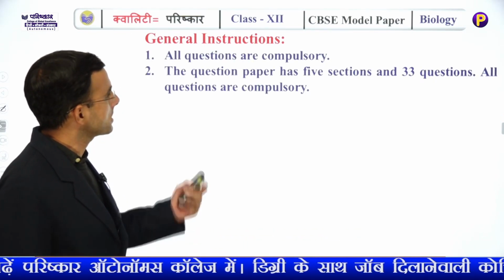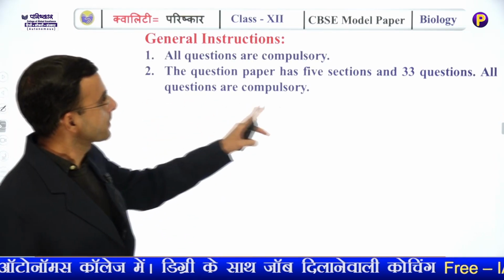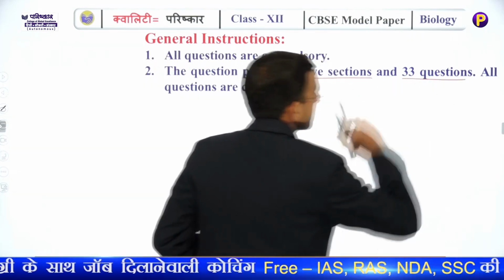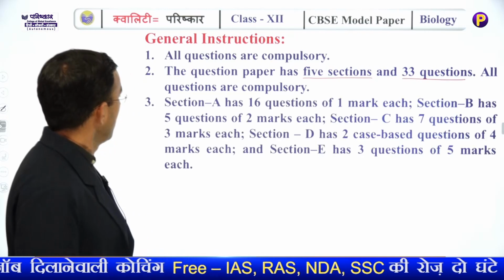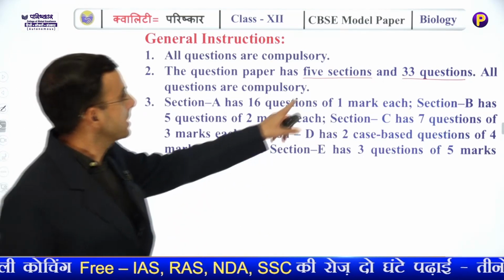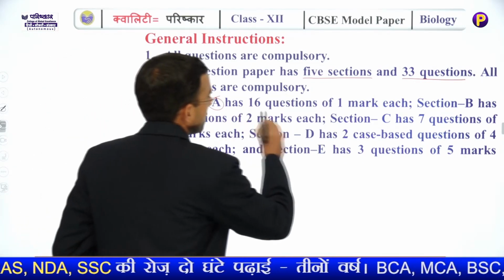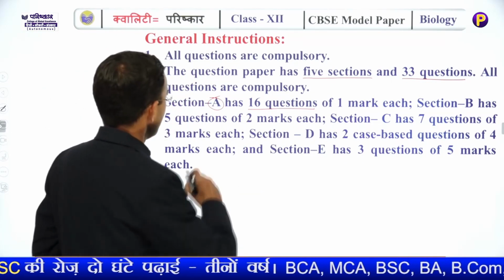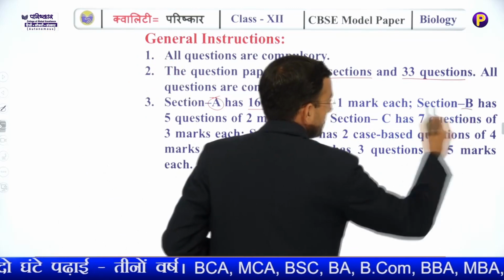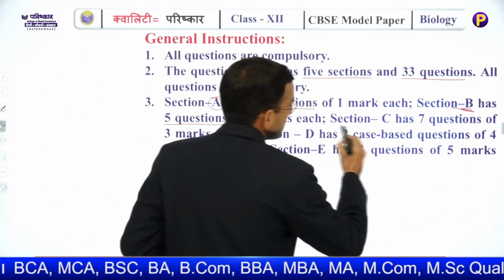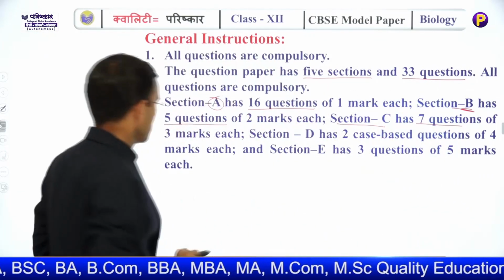So all the questions are compulsory. In this paper, there are 5 sections and 33 questions, divided into these 5 sections. The first section contains 16 questions, the second section, that is section B, contains 5 questions, and the third section contains 7 questions.